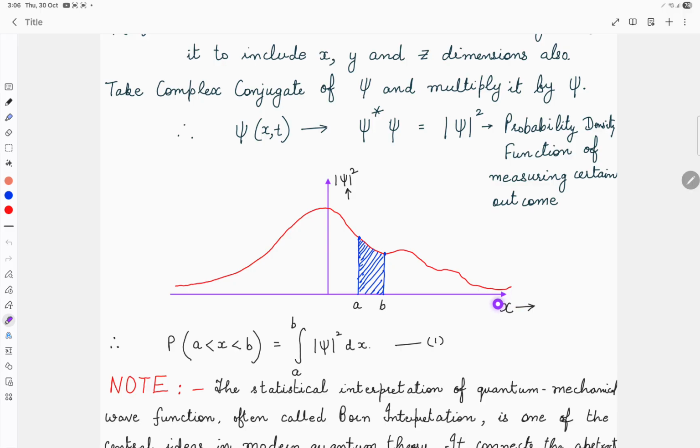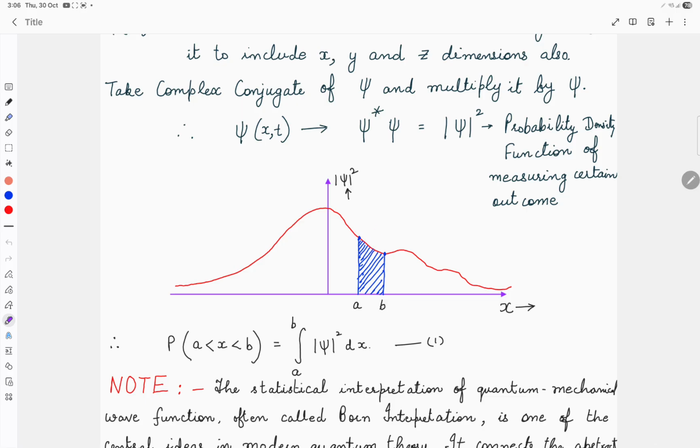In one case it can be position. The position of the particle is defined by the x-axis, and the y-axis will give me the probability density function, and this curve defines the probability distribution: what is the probability if the particle is at position A, or what is the probability if the particle is at position B. So therefore, it will give me outcomes only in terms of probabilities.